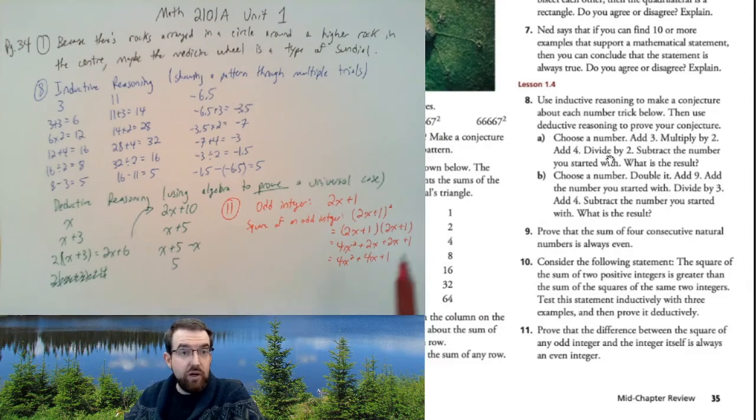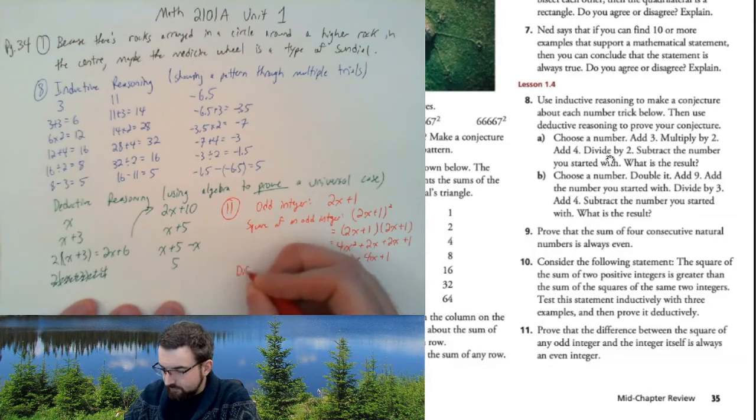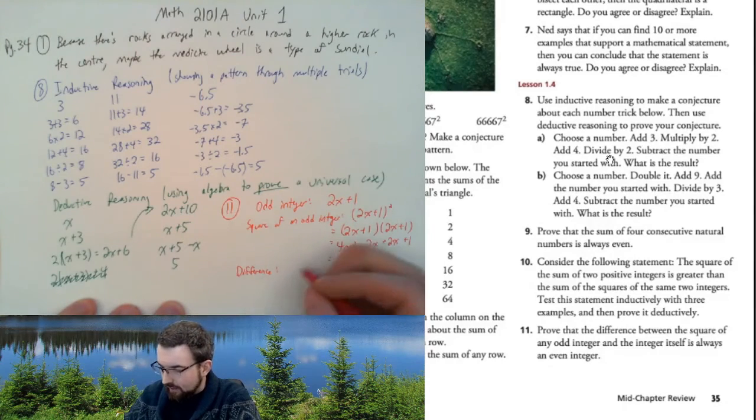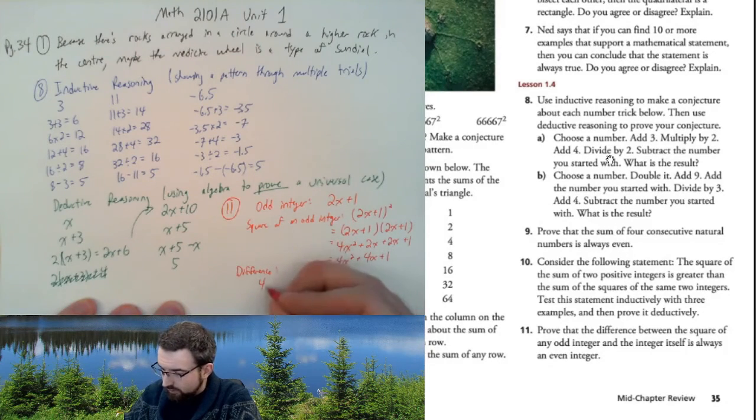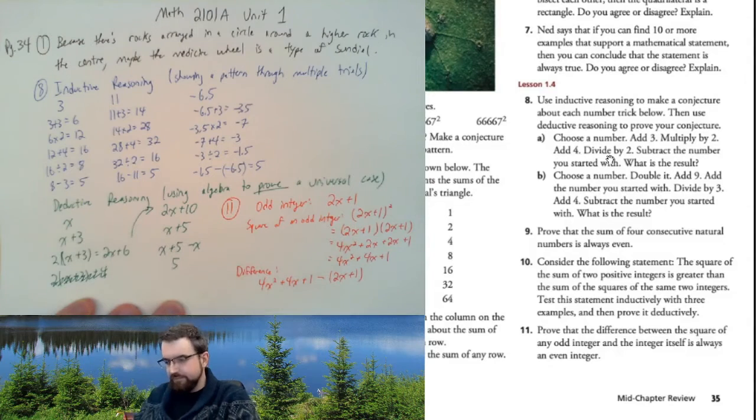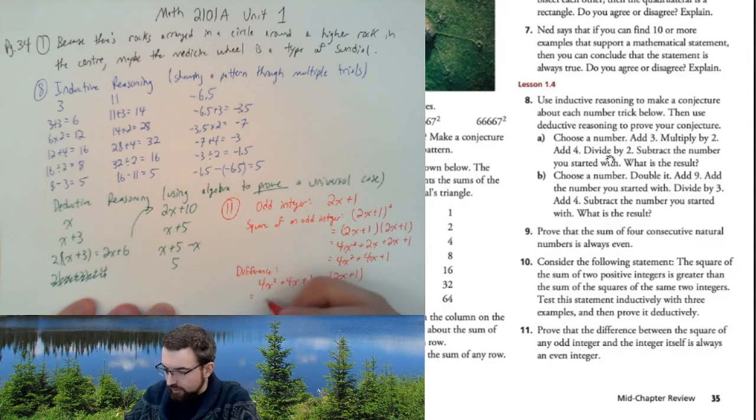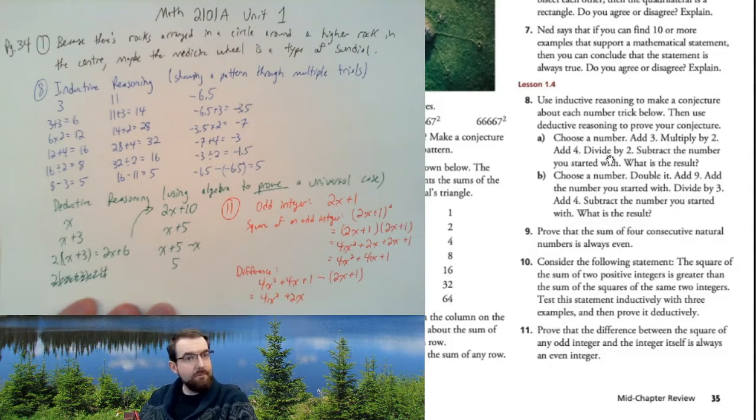The difference between the square of any odd integer and the integer itself. So the difference means subtract. So we're going to have 4x squared plus 4x plus 1 subtract 2x plus 1, right? So that's then going to equal 4x squared plus 2x, right?